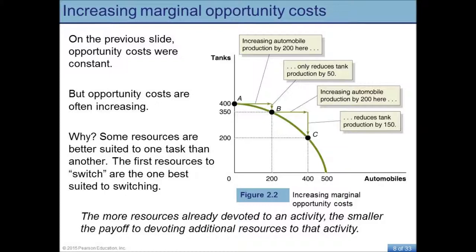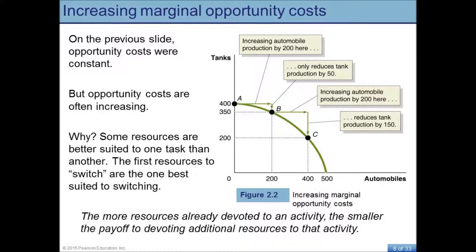So we actually gained 200 automobiles, but we only lost 50 tanks. But now when we go from point B to point C, we have to give up 150 tanks just to get another 200 automobiles. So the opportunity cost is increasing. And so our first initial switch is the best switch that we make, and then any additional switches we make after that are not as advantageous for us.